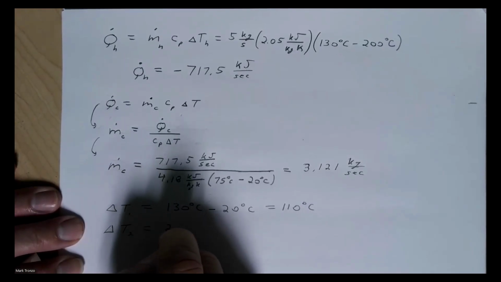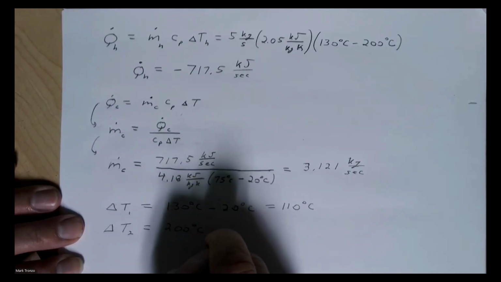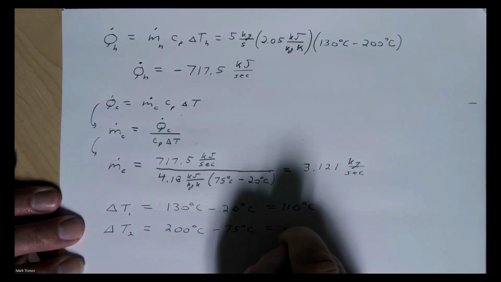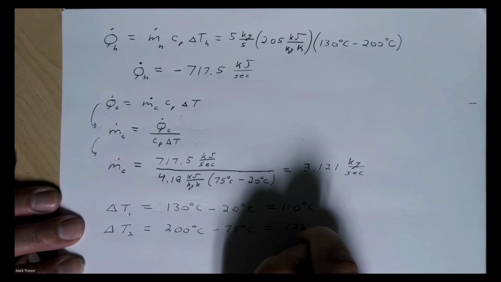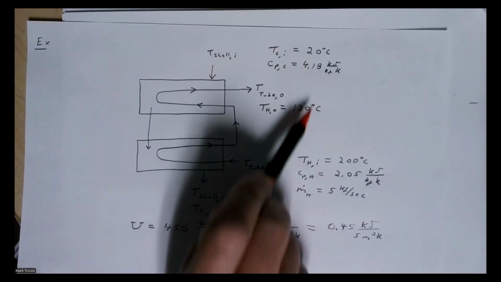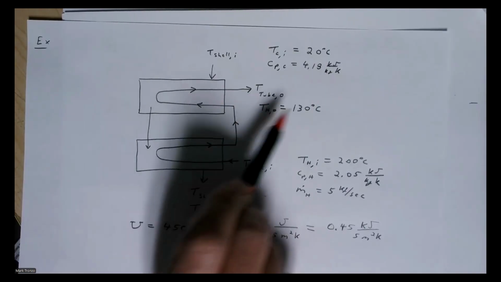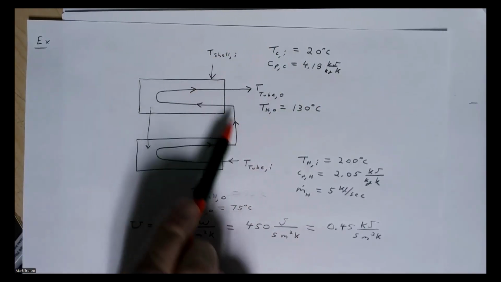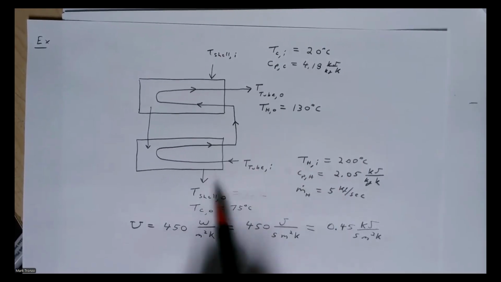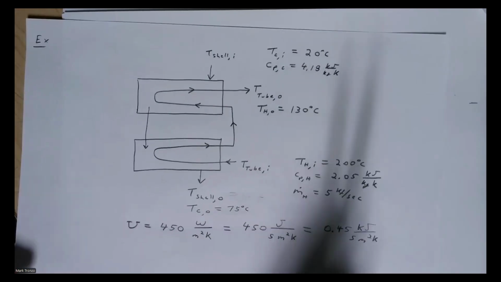Again, you always take the highest minus the lowest, like this. Again, just to emphasize, we called this side delta T1. We could have easily called it delta T2. And we called this side delta T2. Again, we could easily call it delta T1, but just choose one or the other.